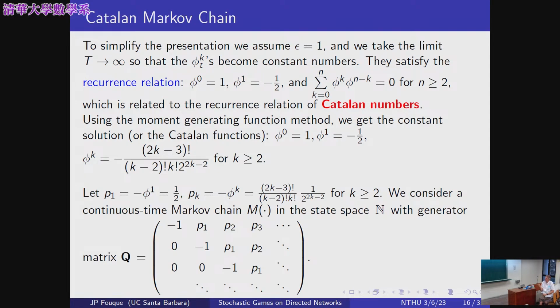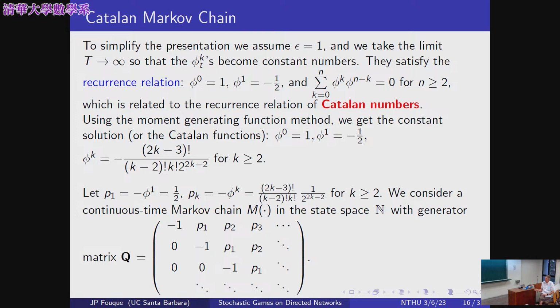And the beautiful thing is that you can associate the Markov chain to it. So instead of considering the phi, you introduce a minus phi, which are probabilities. So P1 is a probability half, and then Pk can be computed, and you can check that the sum is 1. And so these are probabilities. And then, of course, you can associate a transition matrix. So that's the transition matrix for a Markov chain, right?